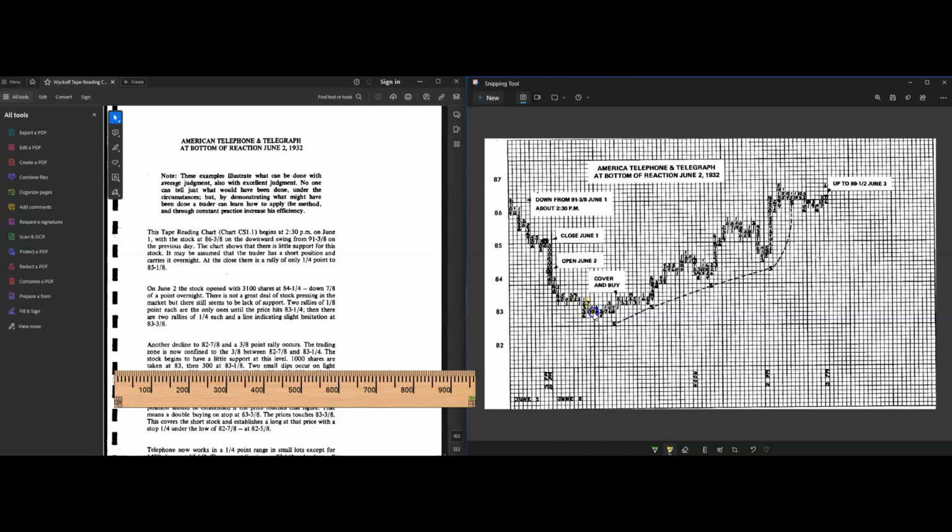Why is it bullish? Do you see any print on an uptick that is 1,000 shares? No. That is why it's very important, because it shows that buyers are buying with size.